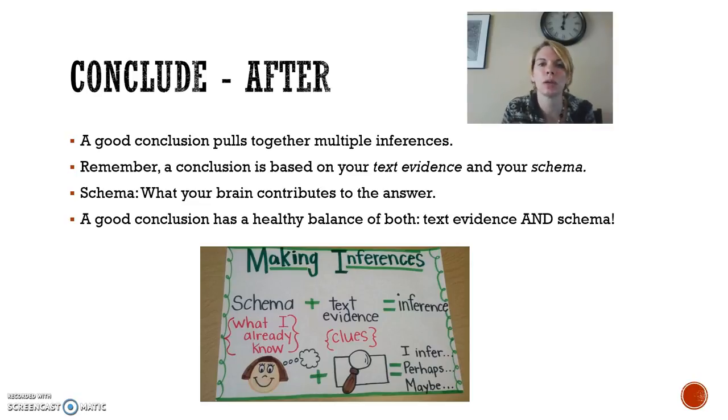You have to know a little bit about how people with an intellectual disability live their daily lives. So by combining those two things, what you already know and what the book is telling you, you can make a pretty awesome conclusion. Conclusions are, again, big inferences. It's not just like, oh, they're buddies. This is something that it would take you pages and pages and pages to pull together.